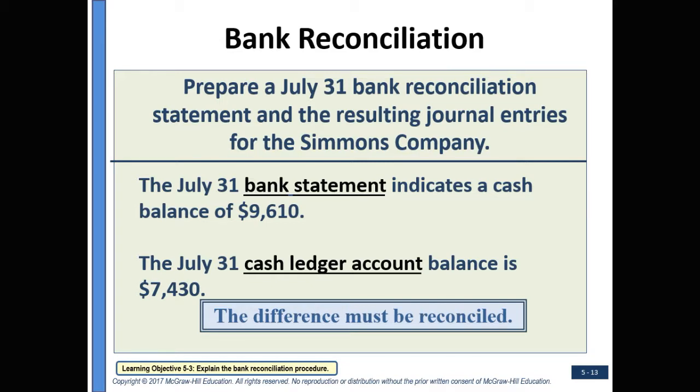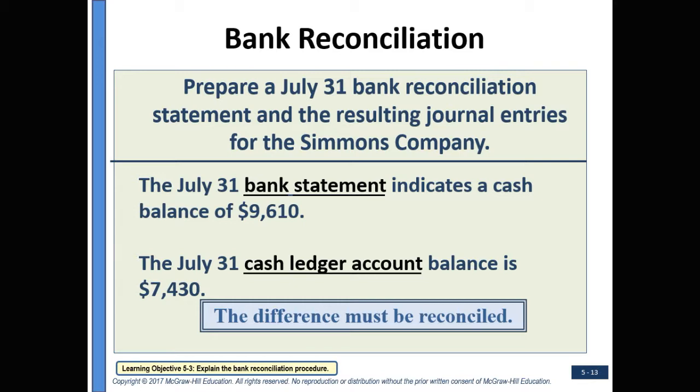So to show you how this works, we're going to prepare a July 31st bank reconciliation statement and the resulting journal entries for Simmons Company. The July 31st bank statement indicates a cash balance of $9,610.